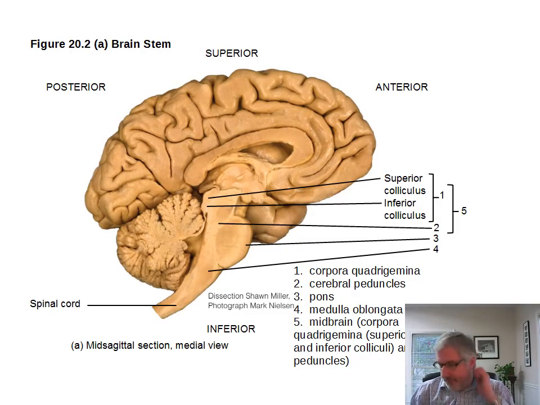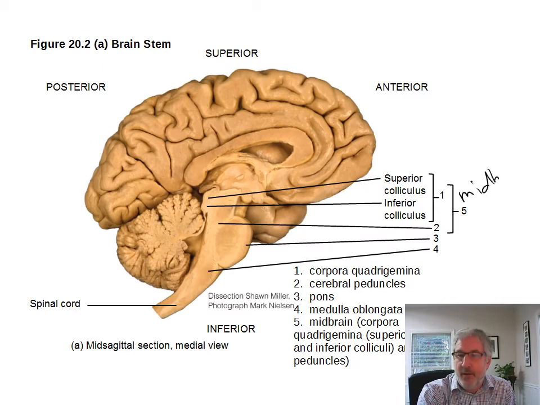Here's a mid-sagittal view of the brain once again, and this is all the brainstem portion, and number 5 is the midbrain portion of the brain stem.